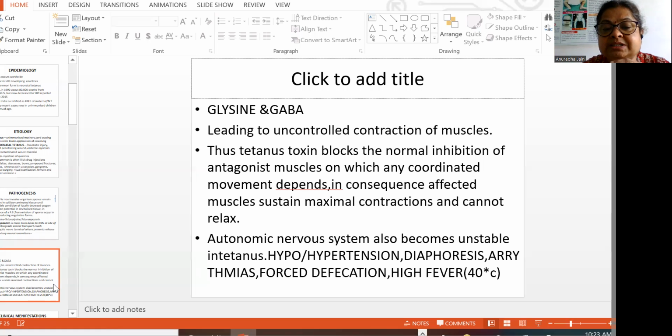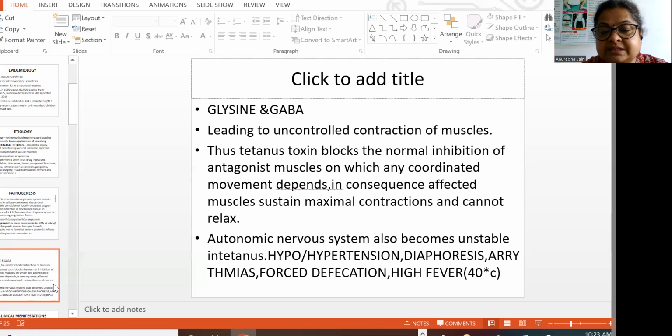So uninhibited, uncontrolled contraction of muscles occurs. The toxin blocks the normal inhibition of antagonist muscles, on which coordinated movement depends. In consequence, affected muscles sustain maximal contractions and cannot relax. There is sustained contraction because of the lack of inhibition of the antagonist muscles, and these are sustained spasms which do not relax.